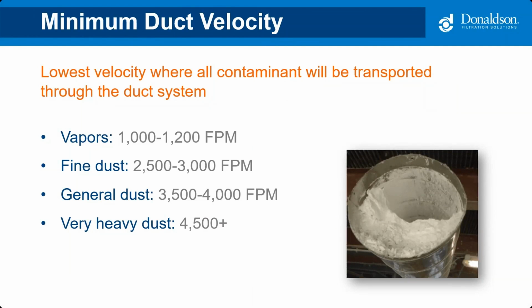If the duct velocity is too low, dust could settle out within the ducts and could cause problems, especially if the dust is combustible or flammable. If the duct velocity is too high, it could create safety concerns such as sparks or abrasion, as well as demanding higher energy than needed.